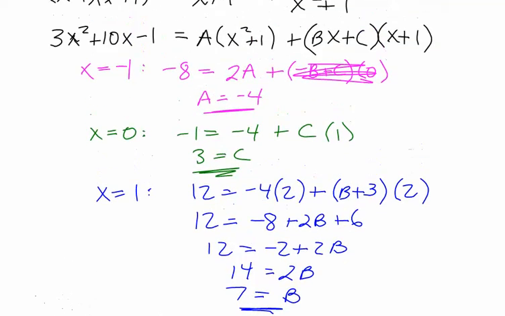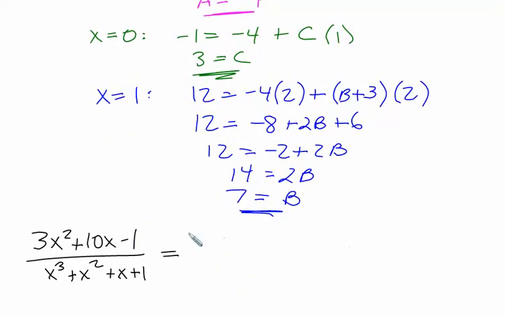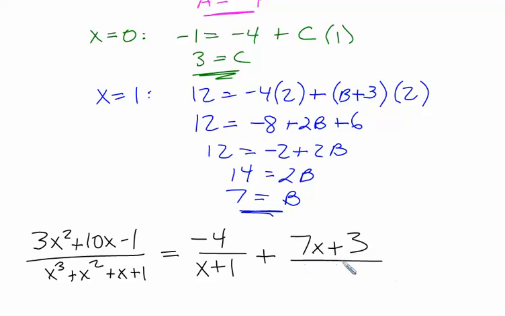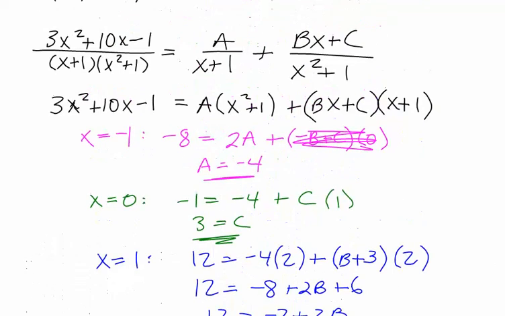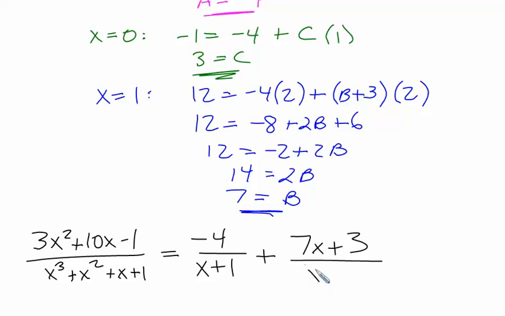Now our a, negative 4, goes over x plus 1 plus bx plus c all over the quantity of x squared plus 1. There's our partial fraction decomposition, and at this point we would have our answer.